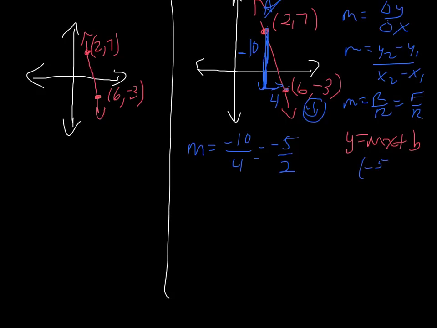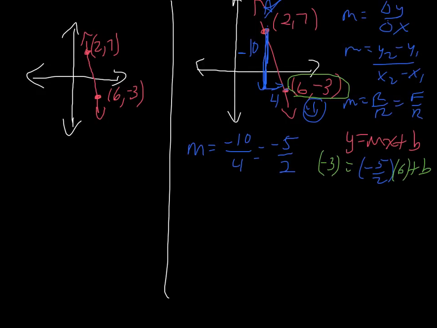Okay, and then now I have my slope, so I know that this right here is going to be negative 5 halves, and I just take either one of those 2 points they gave me, plug it in for my x and y. So I will plug in this one, let's say. It doesn't really matter. So I get negative 3 equals negative 5 halves times 6 plus b.